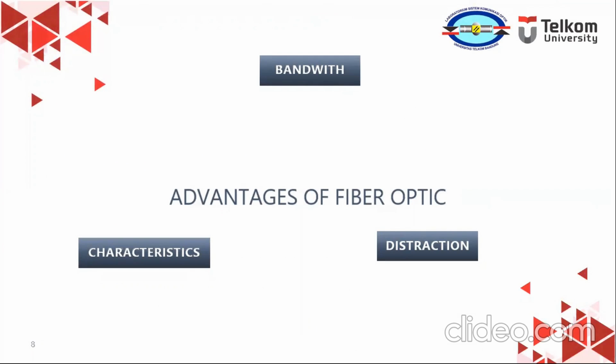Working at a high frequency, the amount of information carried will be much more. Because optical fibers are made of glass and plastic, they are free from interference from electric and magnetic fields and noise, and are resistant to high temperature.